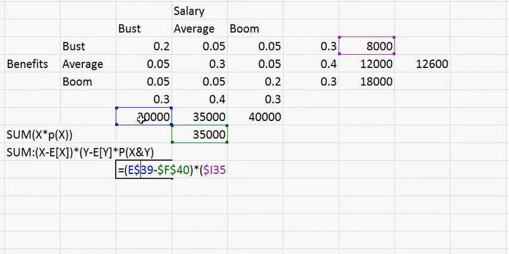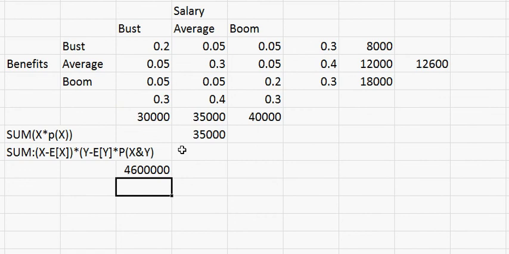We want it to be able to move from 30, 35 to 40, so it needs to stay in row 39 but not move up and down. Whereas this one needs to stay in column I, and then minus expected Y, lock it in, and then times the probability of X and Y, which given the contingency table we have is here.